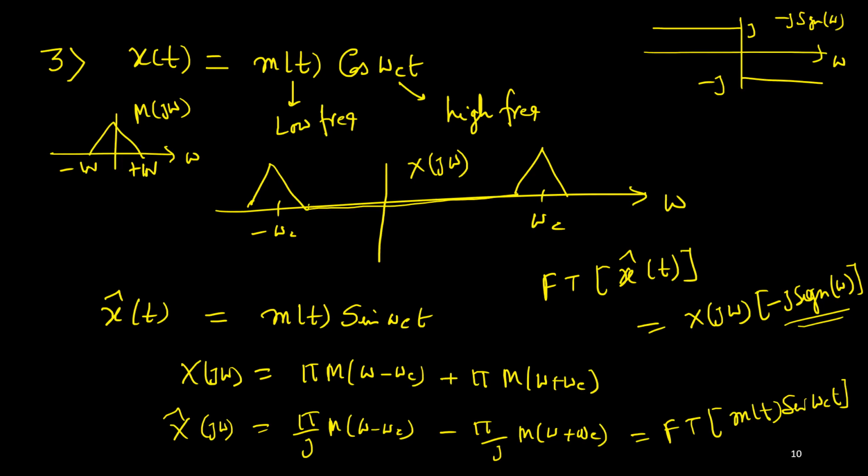So this is possible. But if they're overlapping, if it's coming closer, no, then it is problematic. So this is coming here, and this one is there. Then the resulting signal will have some different shape.